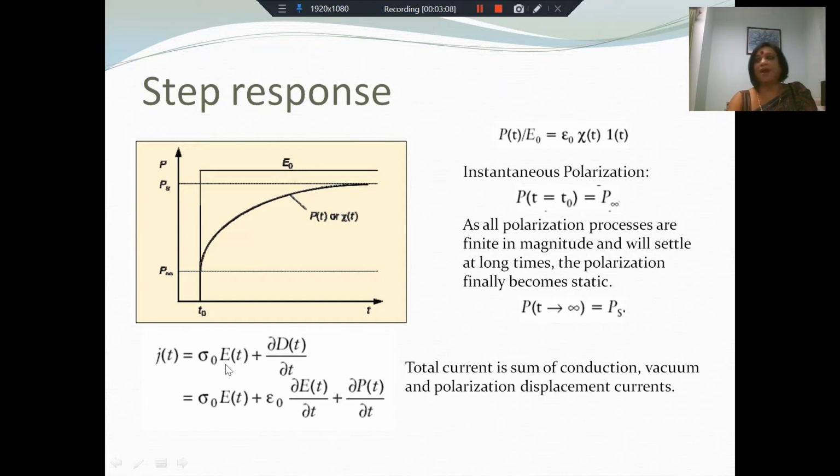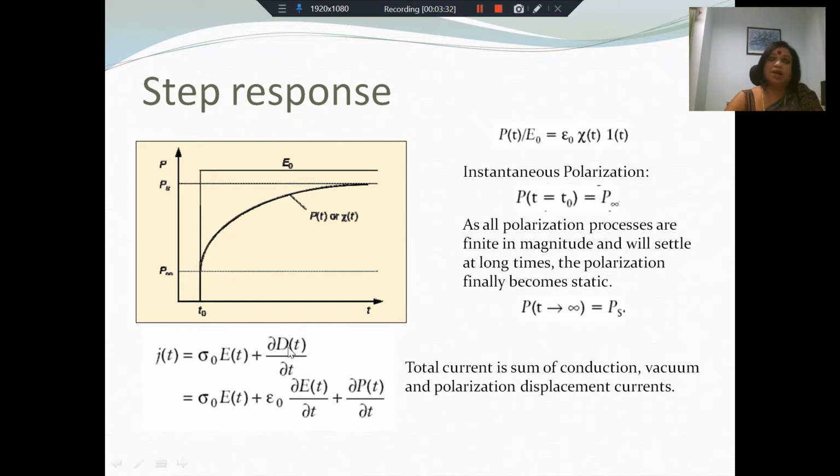So you apply an electric field E, and depending upon the conductivity of the material, a current component will flow. This is the DC ohmic current that flows in the material because of the application of DC voltage. This would flow even in conductors.